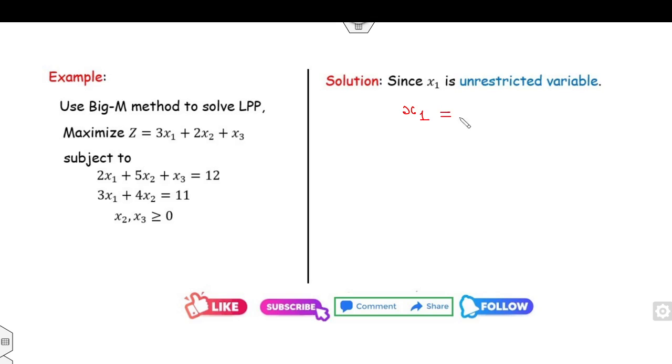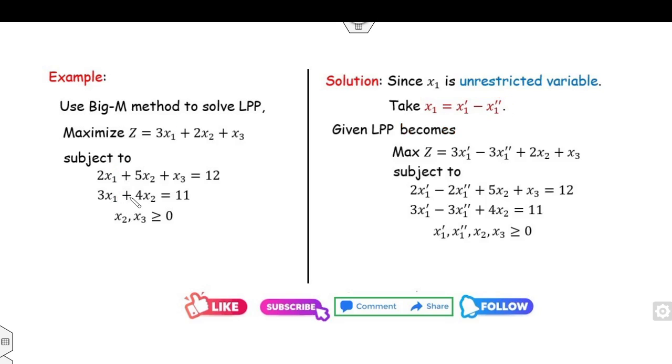You have to replace x1 with two positive variables, x1 dash minus x2 dash, such that both values are positive. Fine. I can substitute the value of x1 in the given equation. Once you substitute the value of x1 in the given equation, your equation will be here.